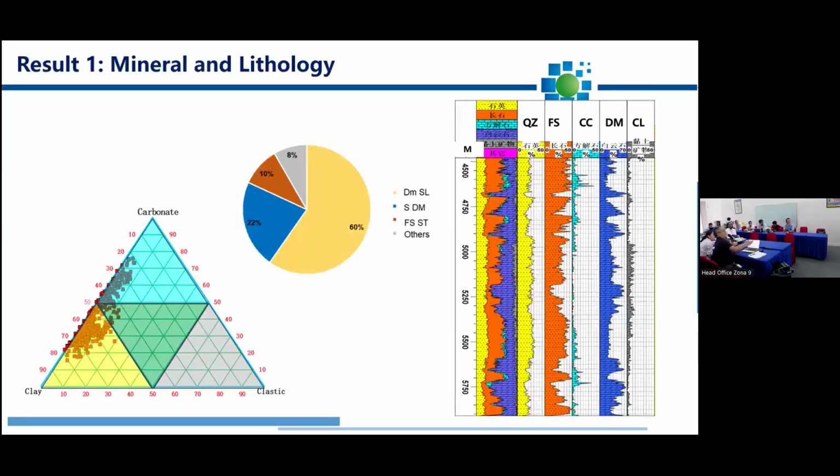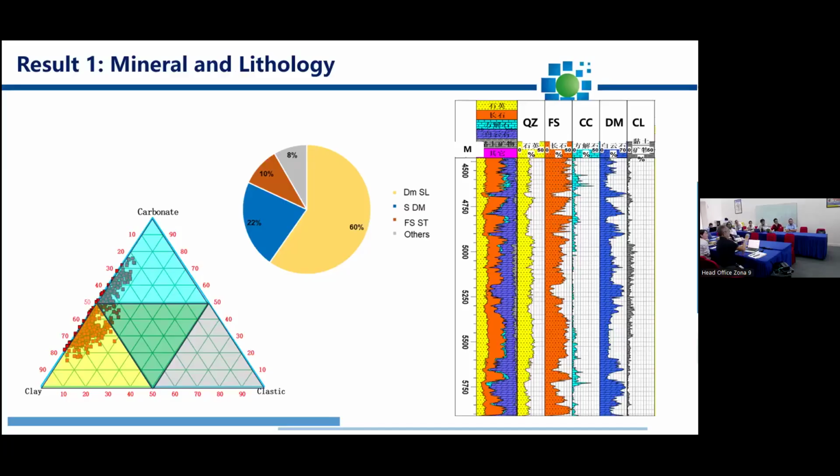Well, this one is basically the 4 types of information we can produce from both sidewall and cuttings. First is the mineral and the lithology. That's the foundation of all the follow-up information we create. You have to understand what kind of rocks you have, because different kinds of rocks may have different relationships between porosity and permeability.